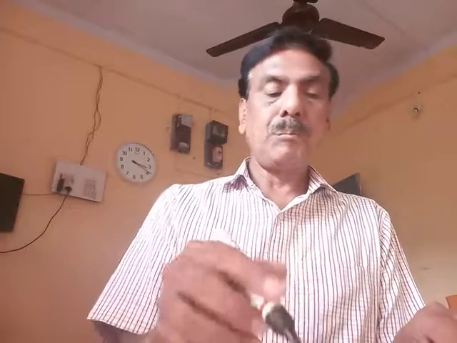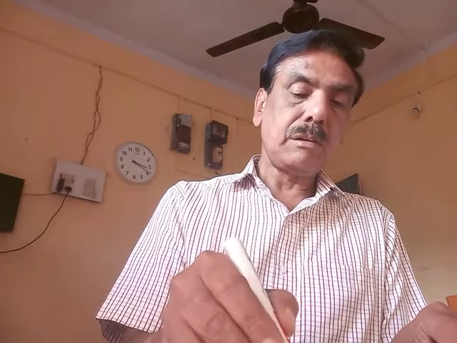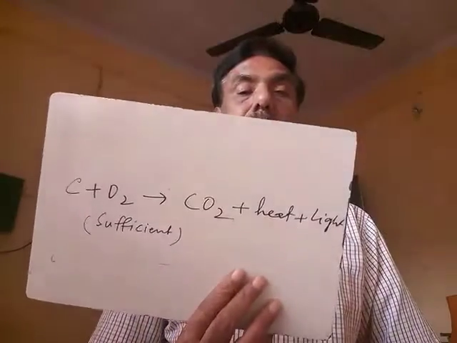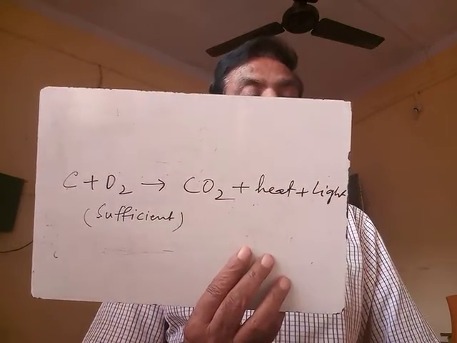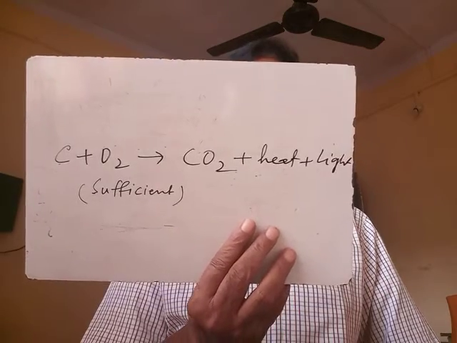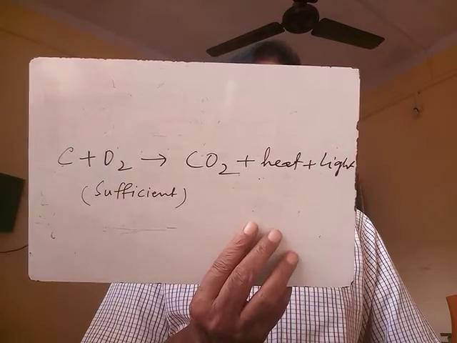Here oxygen is sufficient, so it gives carbon dioxide, heat and light. This is the reaction. The burning of anything is an oxidation reaction. Oxidation means oxygen is added to the substance.